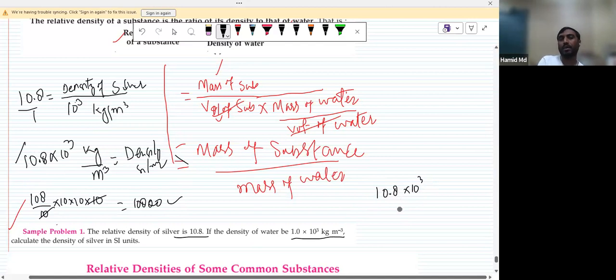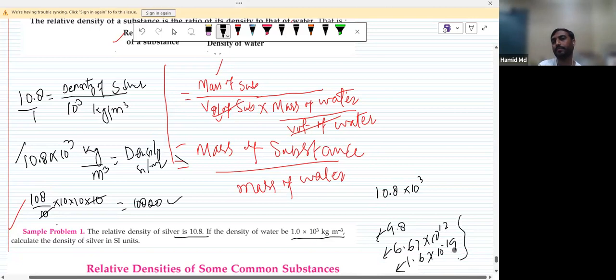In scientific notation, you have seen, for example, 9.8, 6.67 into 10 raised to the power 12 or something, 1.6 into 10 to the power minus 19 coulomb. What is common in all these? On the left side of the decimal, there is only one digit. These are the scientific notation.